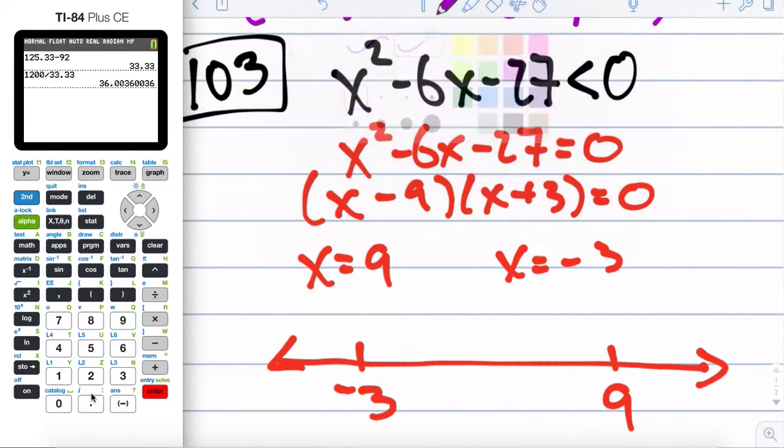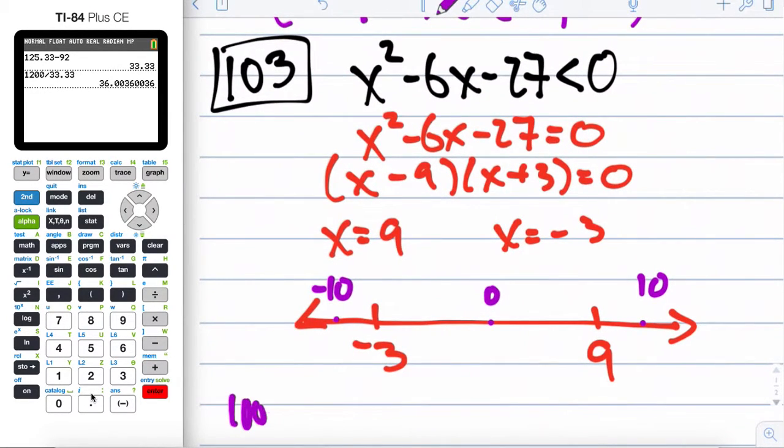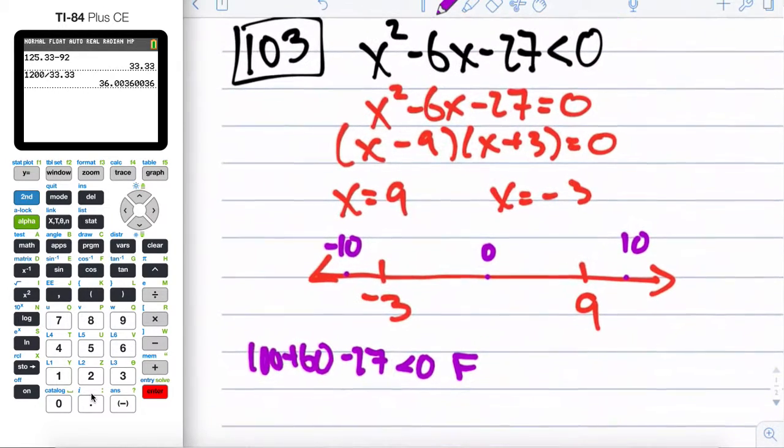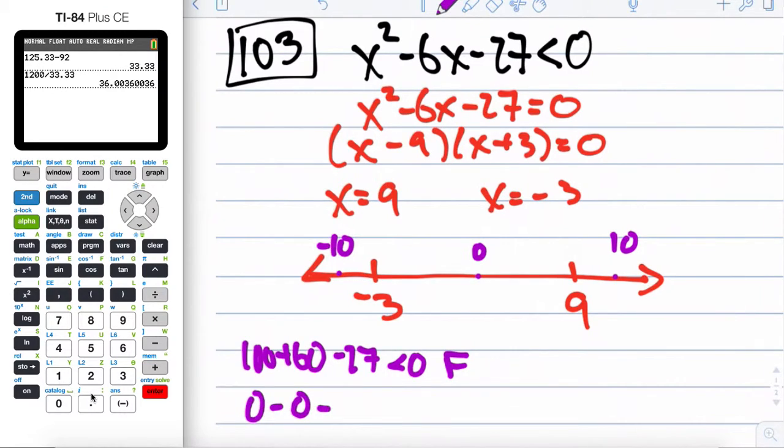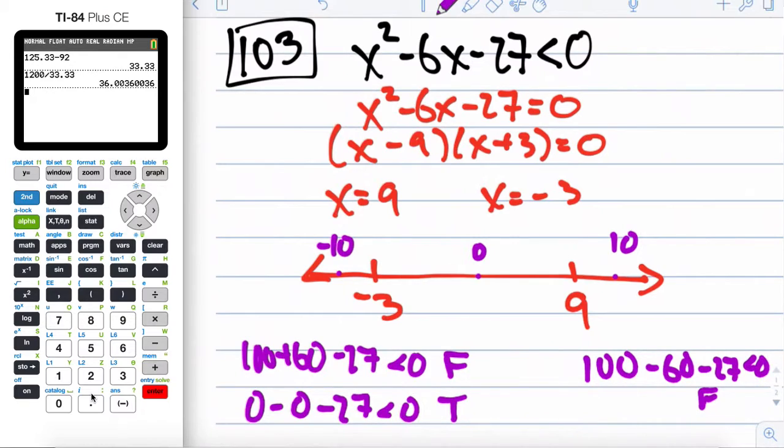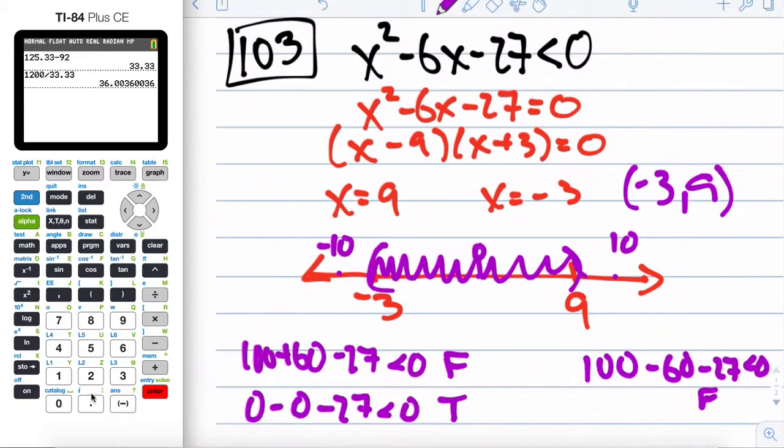We test. Just take negative 10, 0, positive 10. If I do negative 10, I get 100 plus 60 minus 27 is less than 0, which is false. If I take 0, I get 0 minus 27 is less than 0. That's true. Or I get 100 minus 60 minus 27 is less than 0, and that's false also. So we are between negative 3 and 9. So our interval is negative 3 to 9.